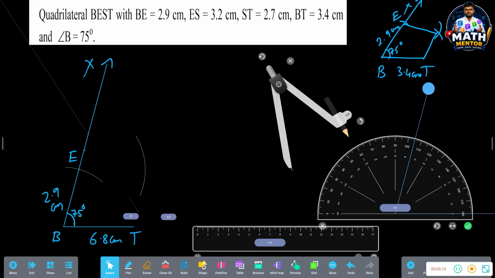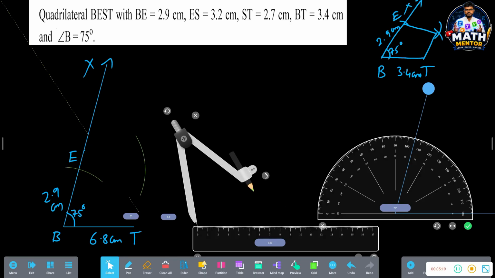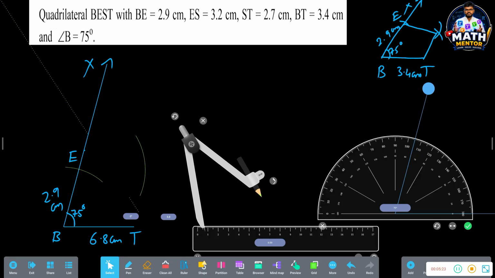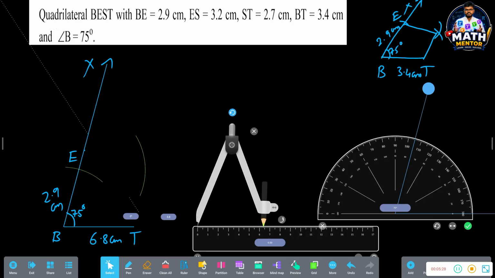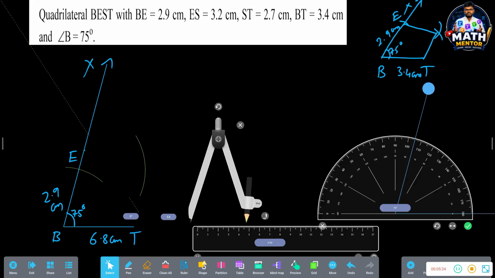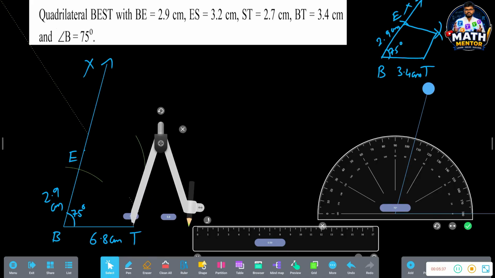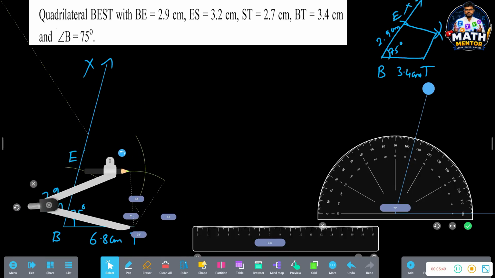Now from T we have to take ST 2.7. That is not 2.7, double is 5.4. I will take, you take 2.7 only. I will take 5.4. So this is 5.4. Place this point at T, exactly on T, right, and cut the previous arc like this, right.